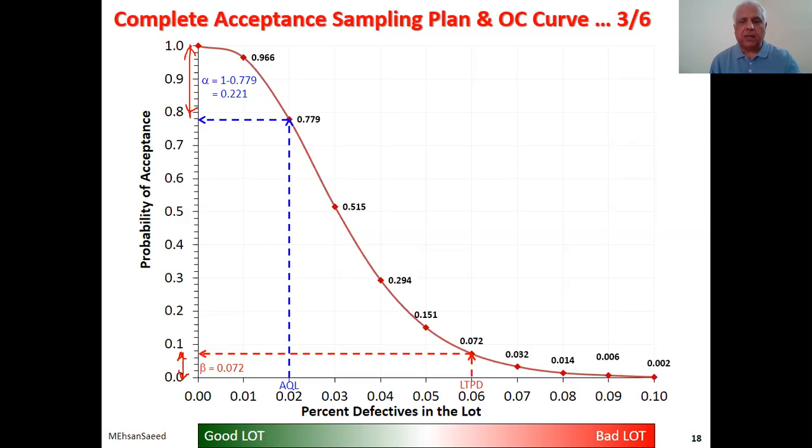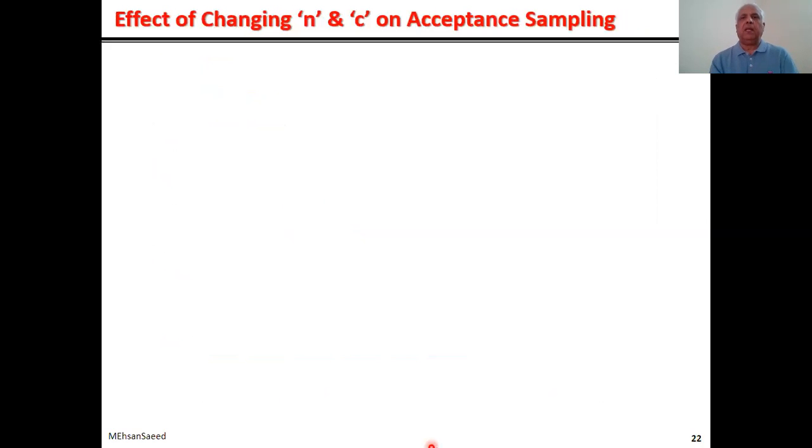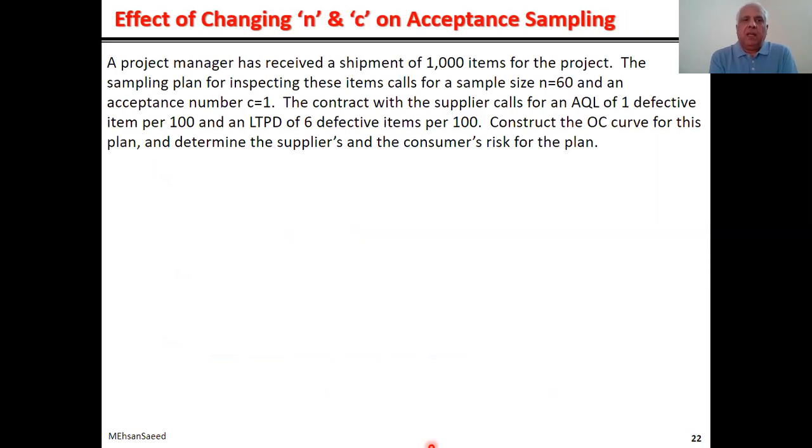So let's now do an example on the effect of changing N and C. Here is an example. A project manager has received a shipment of 1,000 items for the project. The sampling plan for inspecting these items calls for a sample size of 60.